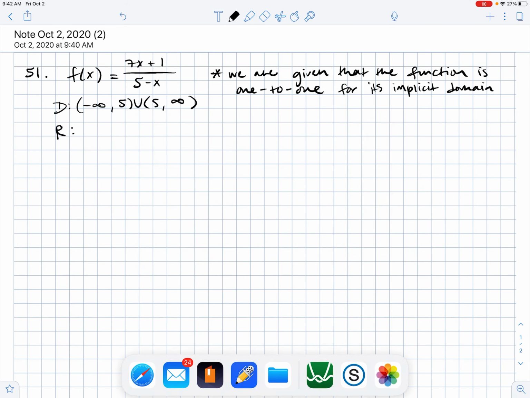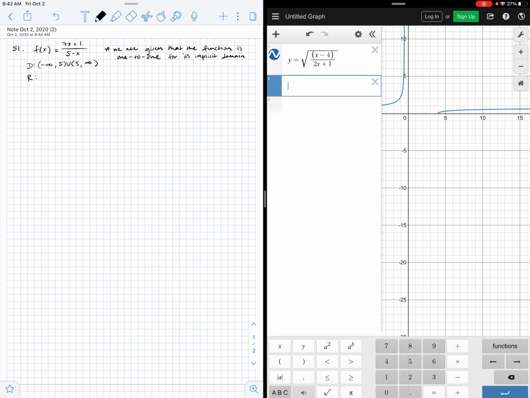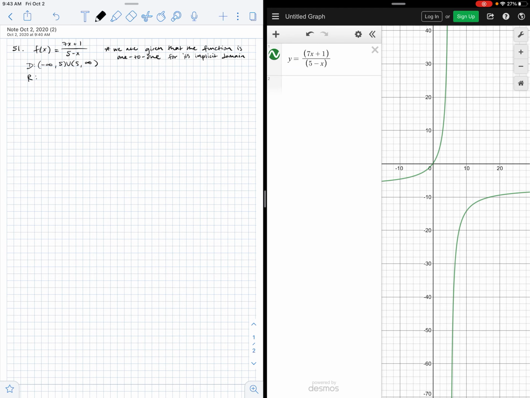If you were to graph this, I'm going to graph with Desmos. Let's see. The graph should look like it passes the horizontal line test. And it does.